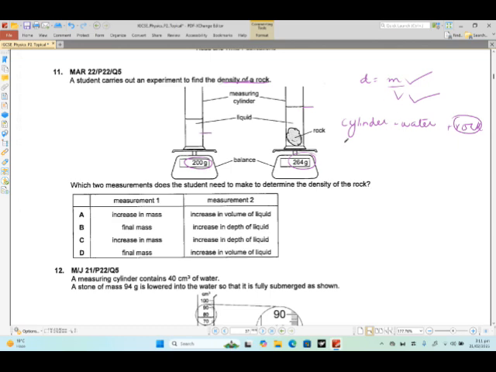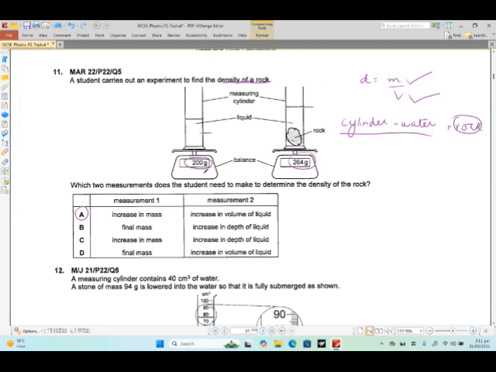So we will require the increase in mass, as you have to subtract the masses of the cylinder and water to get the mass of the rock. And then for the volume, we will need the increase in volume. And then we will be able to find the density of the rock.